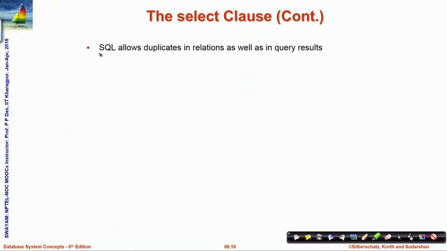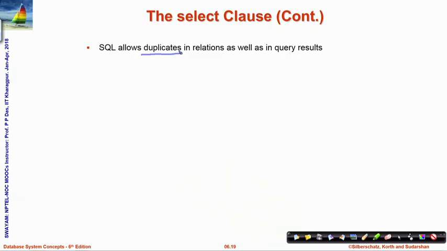This is a very important factor that you should keep in mind. We said while introducing relational algebra that every relation is a set, which means that according to set theory, we cannot have two tuples in the same relation which are identical in all their values, because set theory does not allow that.